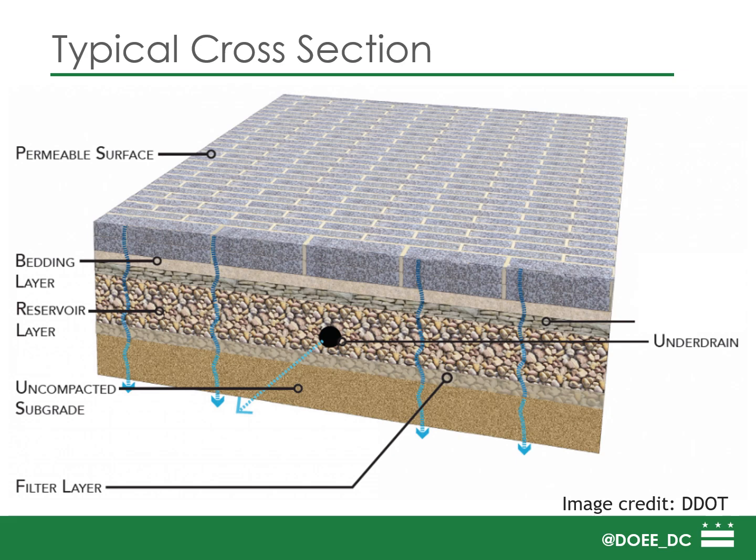And beneath that, there's the uncompacted subgrade. Sometimes there can be a filter layer between those to make sure there's no migration of fines between the subgrade and the reservoir layer. In some systems, you have an underdrain. This is a perforated pipe that will collect the runoff from the reservoir layer and conduct it to the storm sewer system.